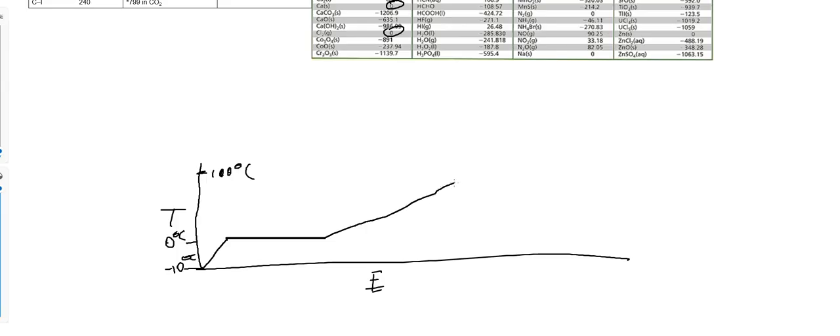This means that the liquid water has a higher specific heat than solid ice. Liquid water specific heat is about 4.184, and solid ice specific heat is about 2.19. So now we've reached the point where the water boils, and once the water boils all the way, the water can increase in temperature again.